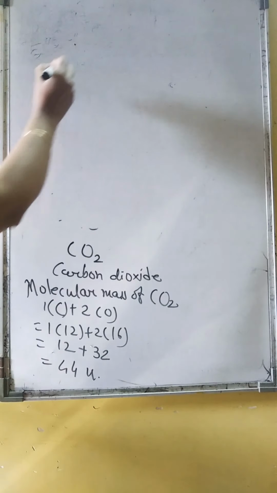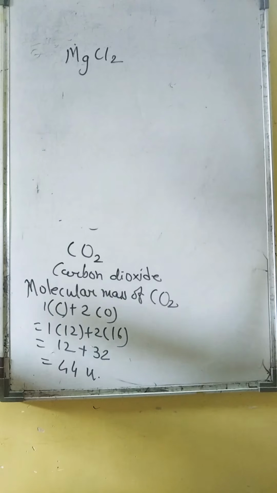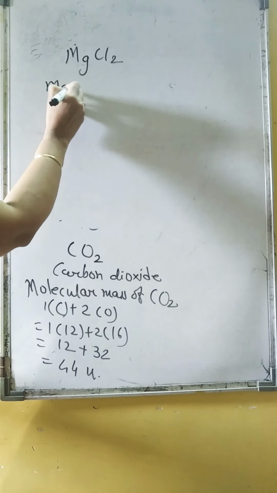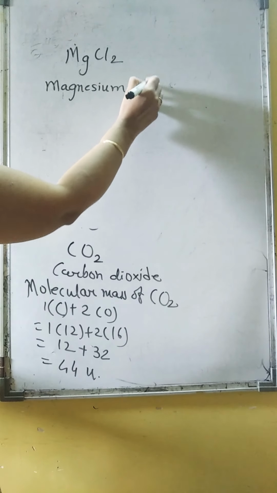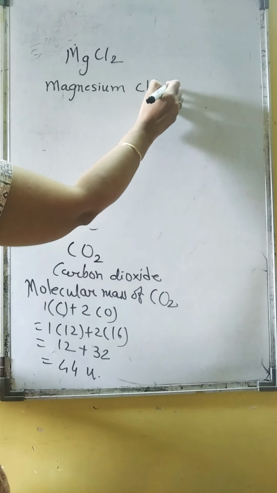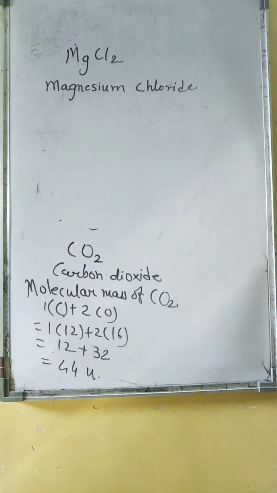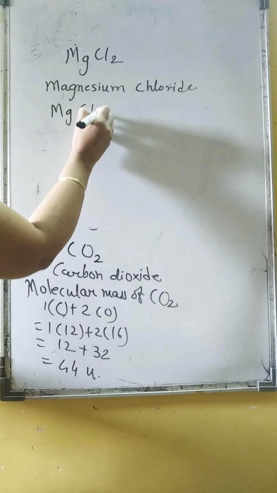MgCl2. You have MgCl2. Correct? So what is it? Magnesium. Yes. Chloride. Very good. So it's magnesium chloride. So you have 1 MgCl2.